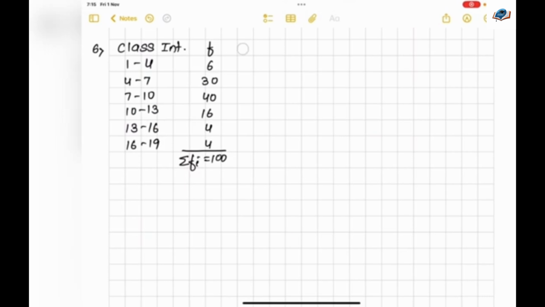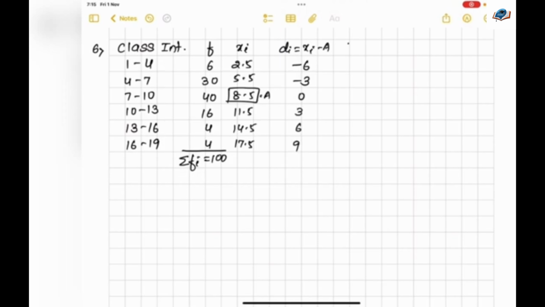Now to find the mean, first of all, I will need xi. To get xi, I am adding 1 plus 4, so 5, 5 divided by 2, so 2.5. This will be 5.5, 8.5, 11.5, 14.5 and 17.5. Now 8.5 I am taking as A. So di will be equal to xi minus A, so minus 6, minus 3, 0, 3, 6 and 9.